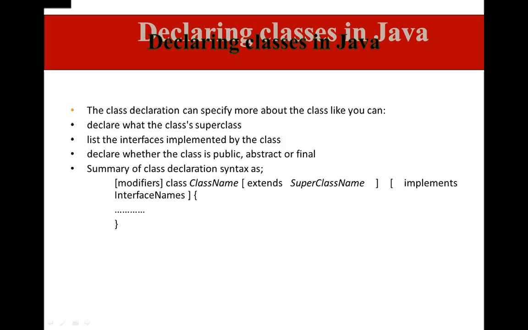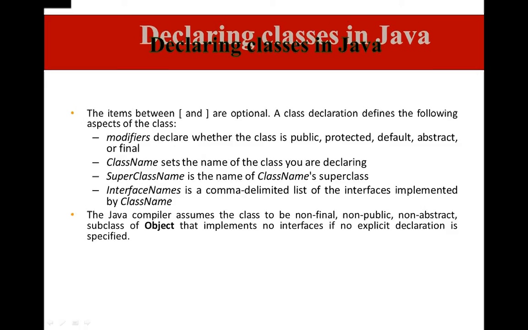As of now we don't bother about the modifiers, superclass, and of course interfaces. But this is the actual syntax, and whatever is within the open and closed square brackets is optional. It means that at the time of declaring a class you may or may not use the modifiers, extends, and implements keywords.